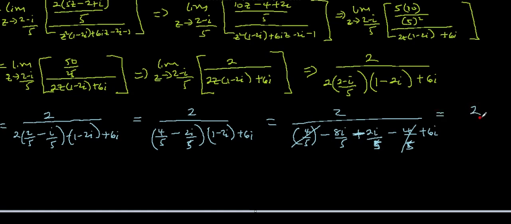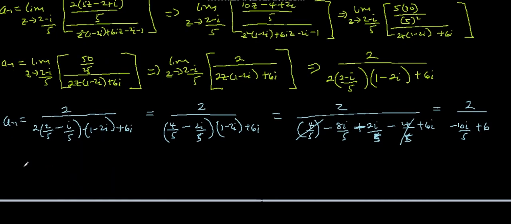Which is going to be equal to 2 divided by minus 10i over 5 plus 6i. A minus 1 will be equal to 2 divided by minus 2i plus 6i.